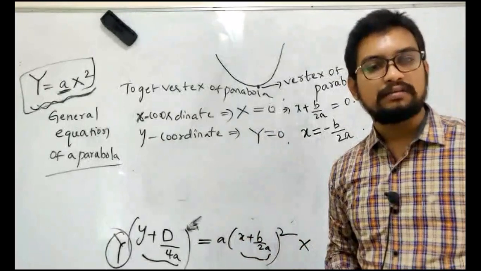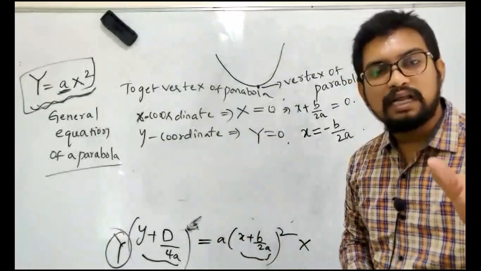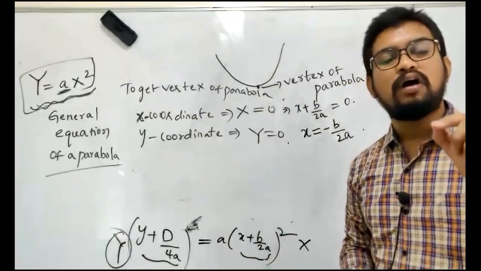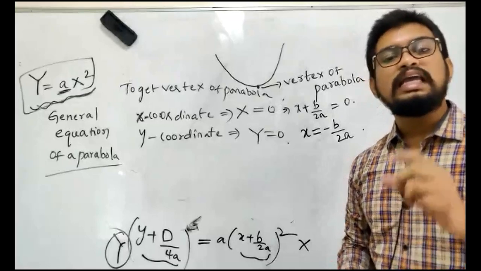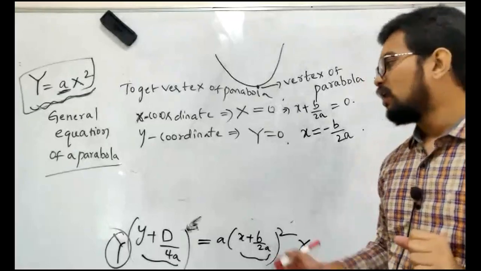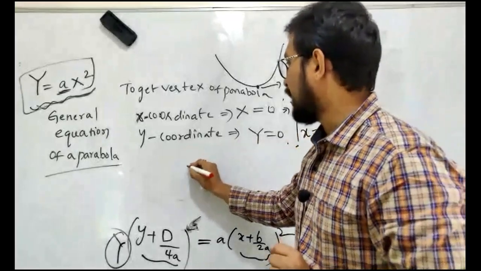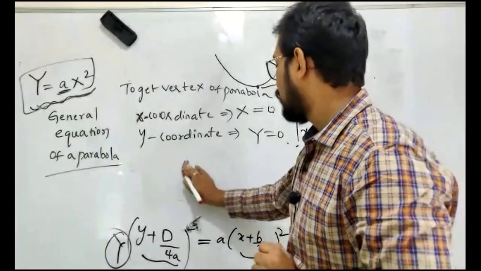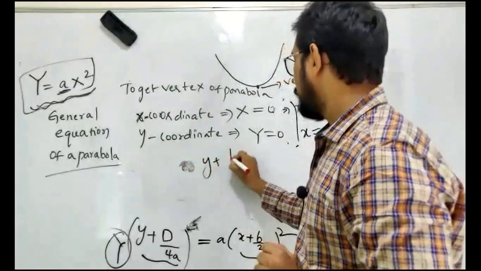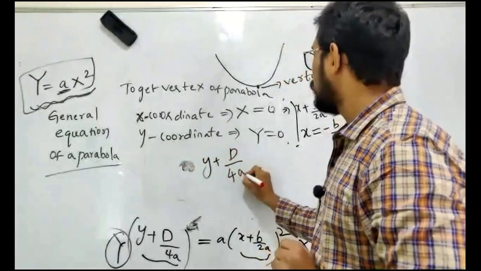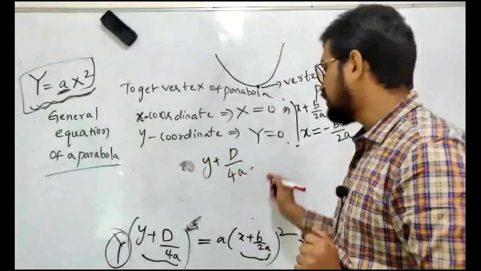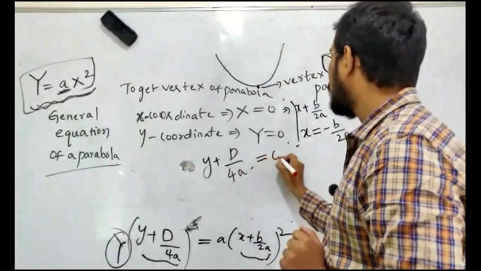And for the y coordinate of the vertex, equate capital Y to 0. So if I want to get this y coordinate, what is the y coordinate here? Capital Y is nothing but y plus d by 4a, and equate this part to 0.